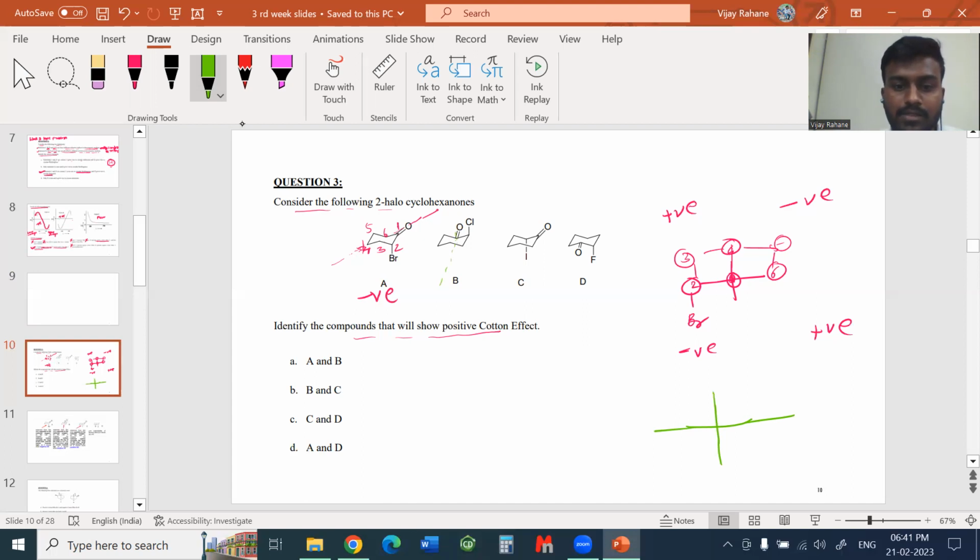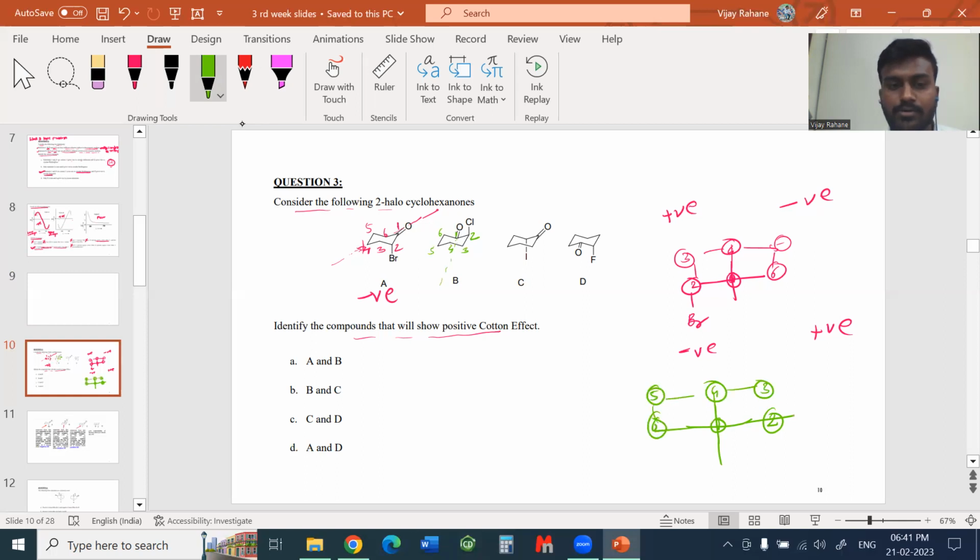If we do the numbering, the carbon 1, the chlorine 2, 3, 4, 5, 6. Here we can see the 1 goes to here and the chlorine is on the right side. So we will keep it as it is because this carbon is on a leg of the chair. So we'll keep it here as 2. The remaining carbons will be as they are.